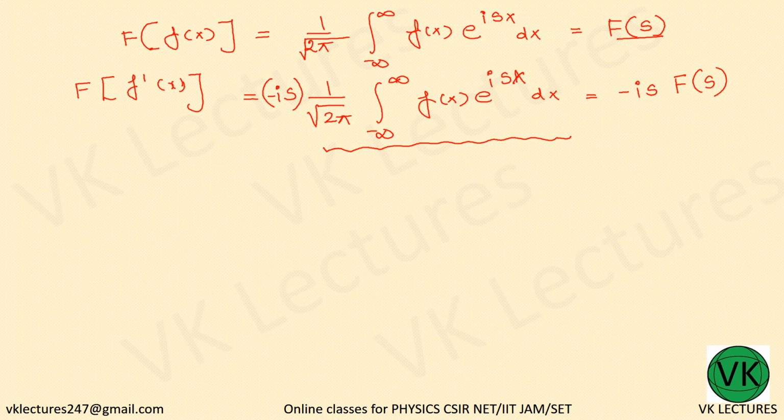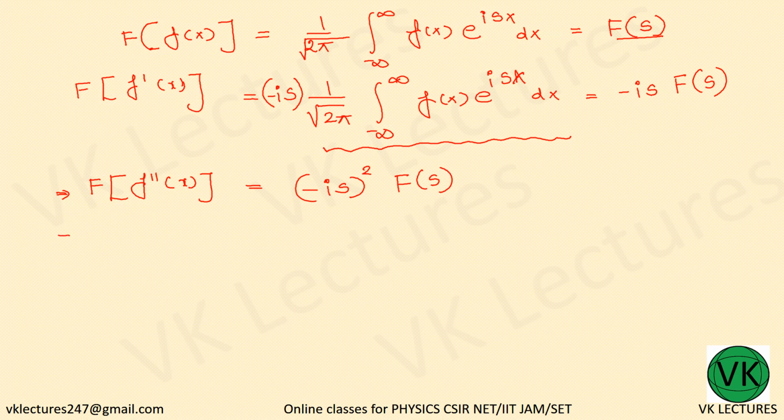Now if you want to find out the Fourier transform of the second derivative of the function f of x, you write f double dash of x, the Fourier transform equals minus is to the power 2 into F of s.